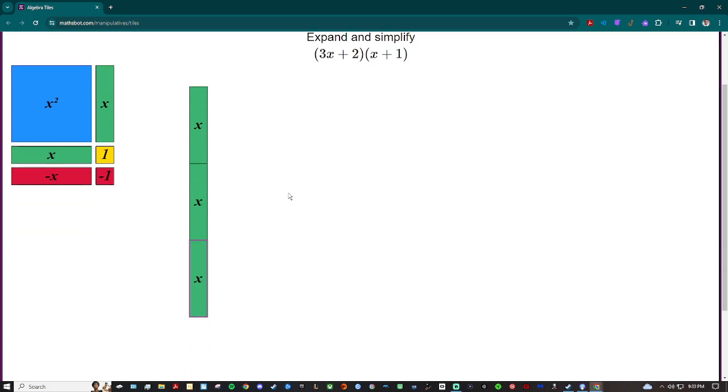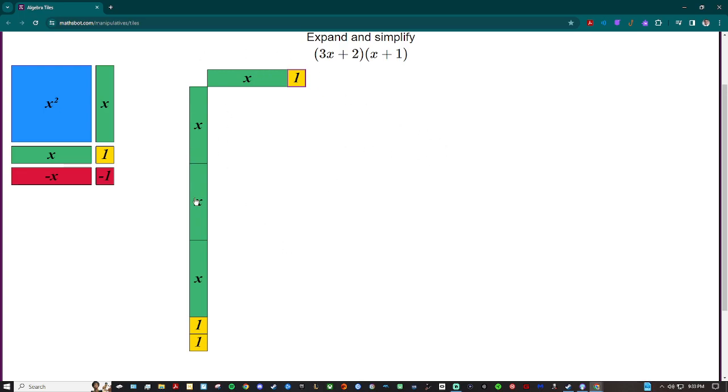Plus 2. So I also need to add my two ones. Now, horizontally, I'm going to do x plus 1. So I have x plus 1.